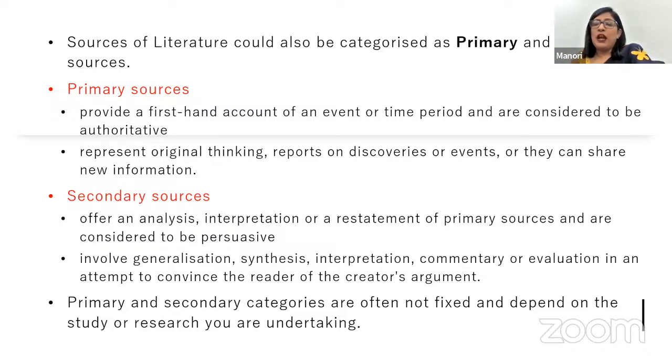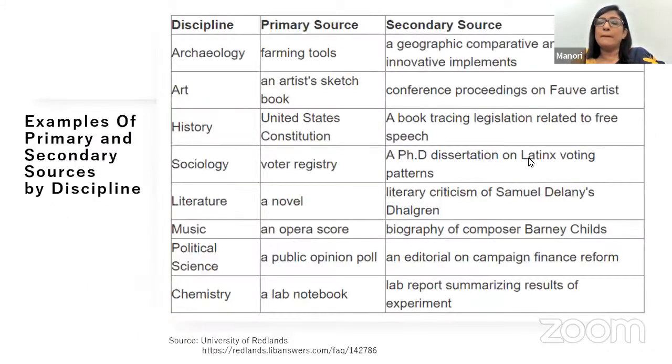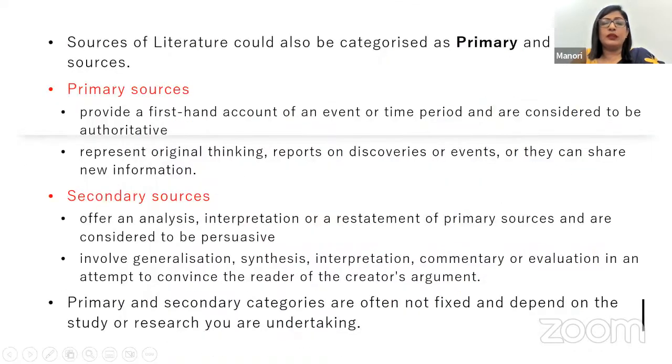The primary source is a first-hand account of an event or time period, and is considered authoritative, representing original thinking, reports, and discoveries or events, or it can share new information.